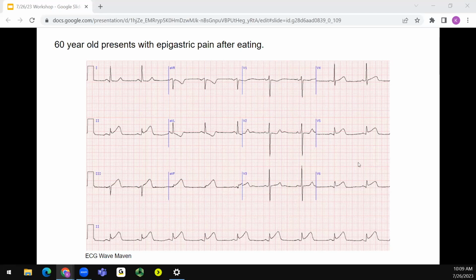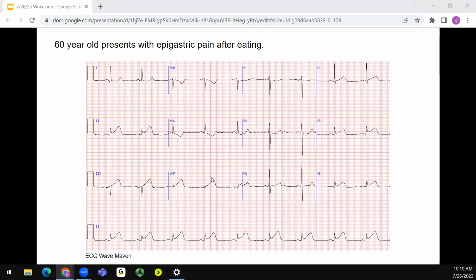Yeah, what is abnormal about the T waves? They're hyperacute. They're really big compared to the QRS complex. Yeah, you could fit the QRS inside of them. Any other depressions? And this is pretty subtle.